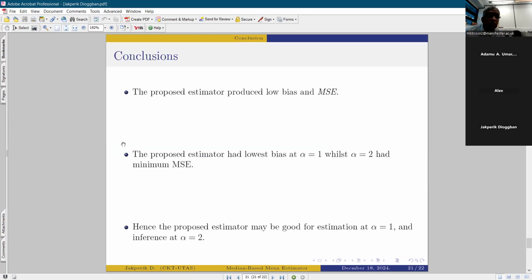So in conclusion, the proposed estimator produced low bias and MSE. The proposed estimator had the lowest bias at alpha equal 1, whilst alpha equal 2 had a minimum bias, which implies that it may be good for estimation at alpha equal 1, and indeed may be good for inference at alpha equal 2.